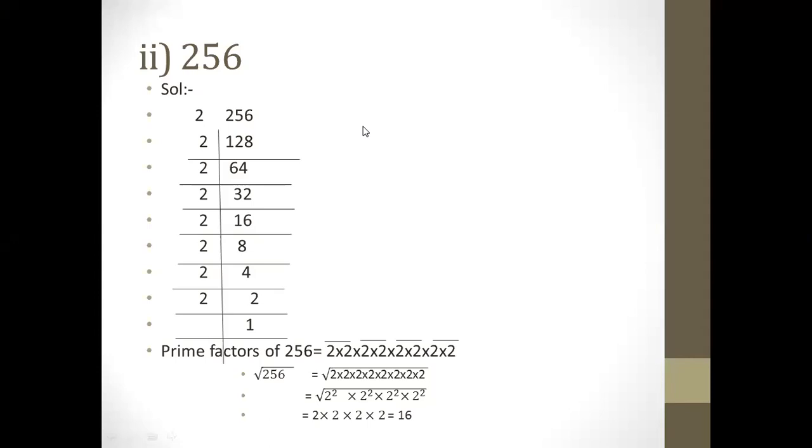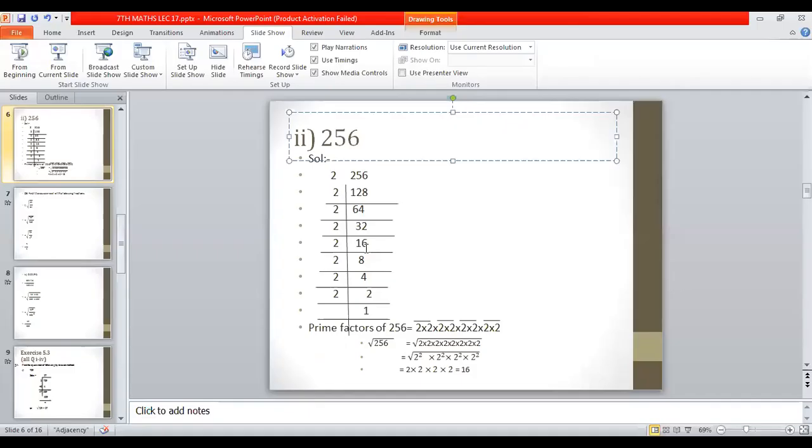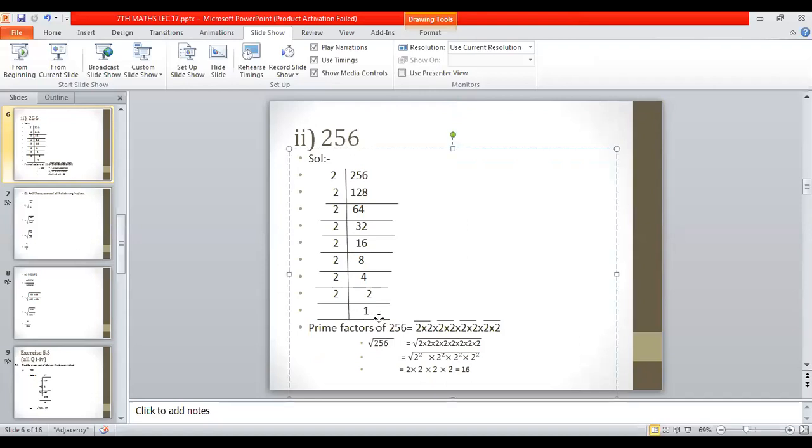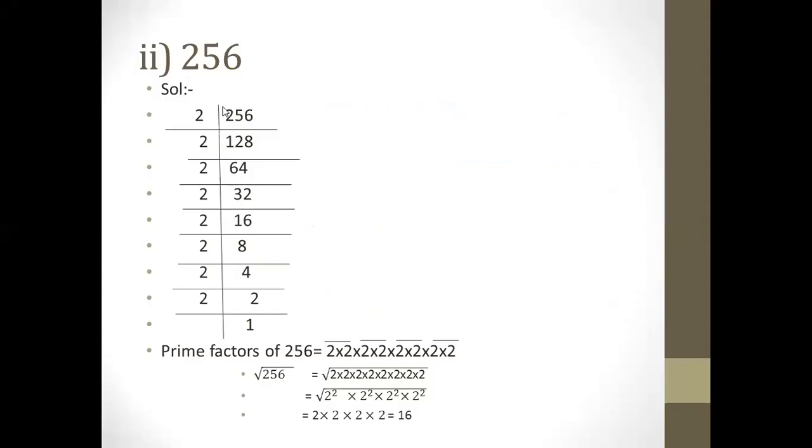So you have to factorize 256 by prime factorization. Look at the end, again 6, an even number, so it's divisible by the smallest prime number, 2.